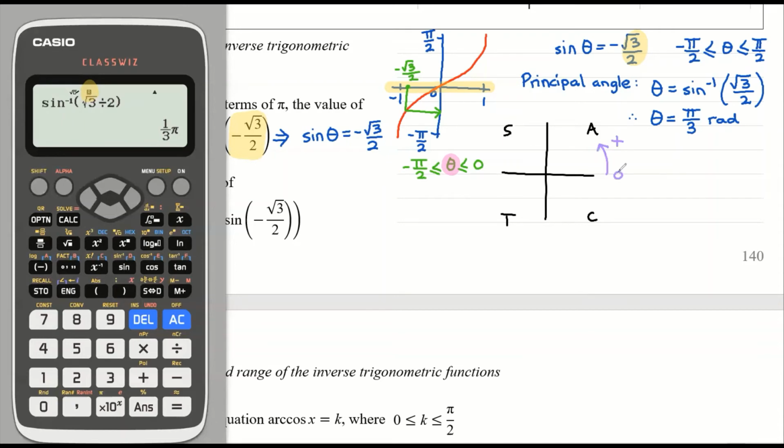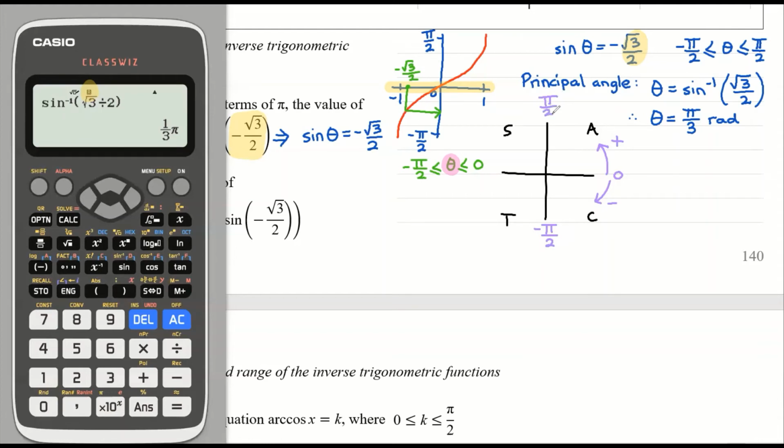from 0. And I'm going to do the CAST diagram in radians now. That means that if I move clockwise, I'm going to be moving in the negative direction. So at this position here, I'm going to be at negative pi over 2, which is negative 90. And in this position, I'm going to be at pi over 2.